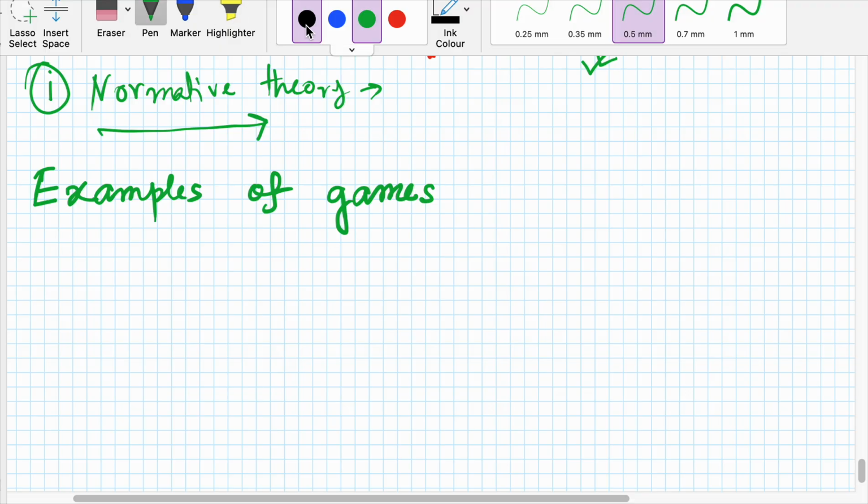So we will see those examples also. Let us see first some examples, then in the next class we will learn another equilibrium concept.